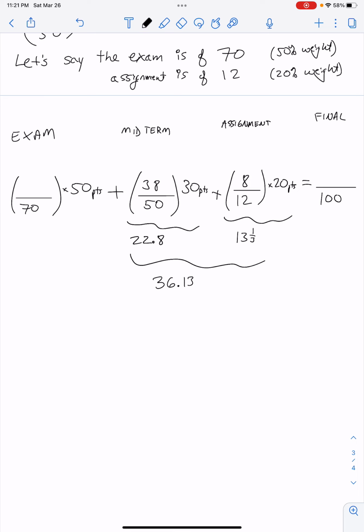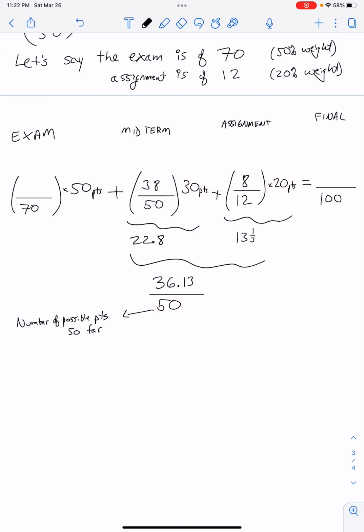But, you know, what have you had the opportunity to do? Well, that's a maximum of 50 points. So this is the number of possible points so far. That was 30 points possible, 20 points possible, gives you that 50 points that were possible.